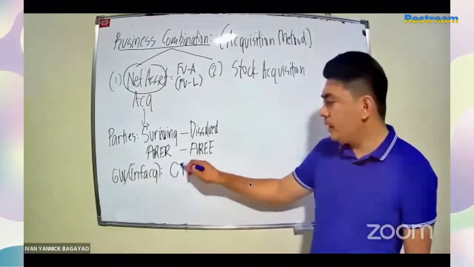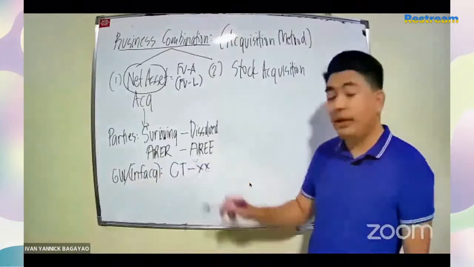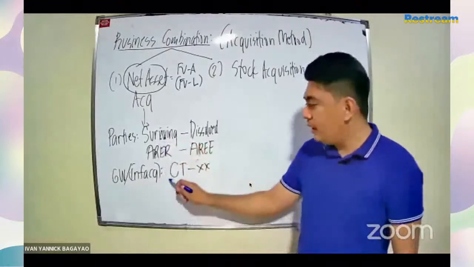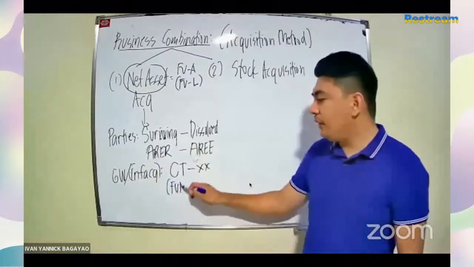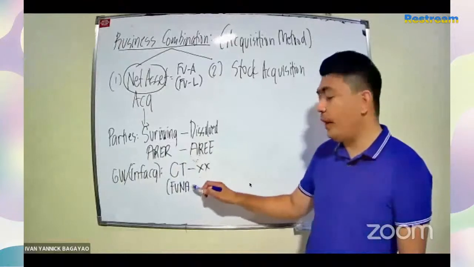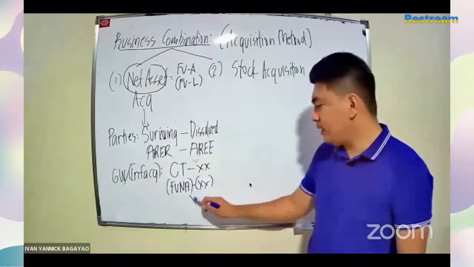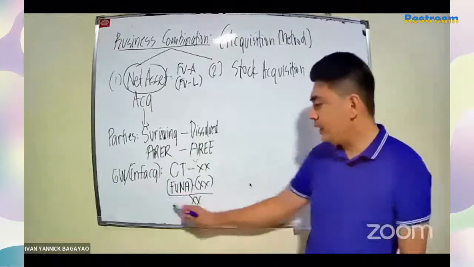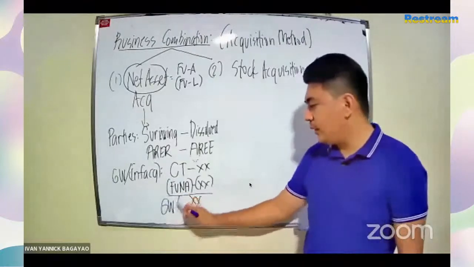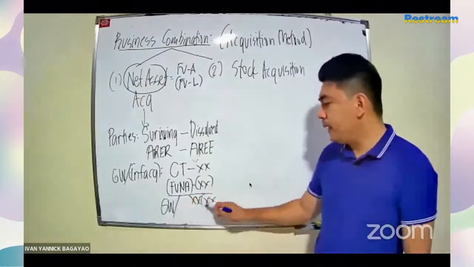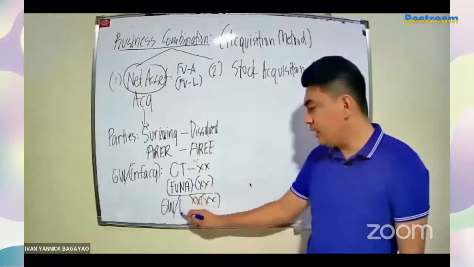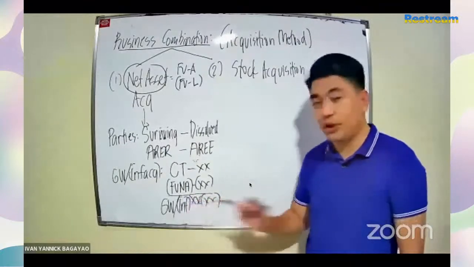You compare the consideration transferred, or what the surviving paid, to the fair value net asset of the said acquiree, or the acquired. If this is positive, the result is goodwill. If this is negative, then the result is income from acquisition.